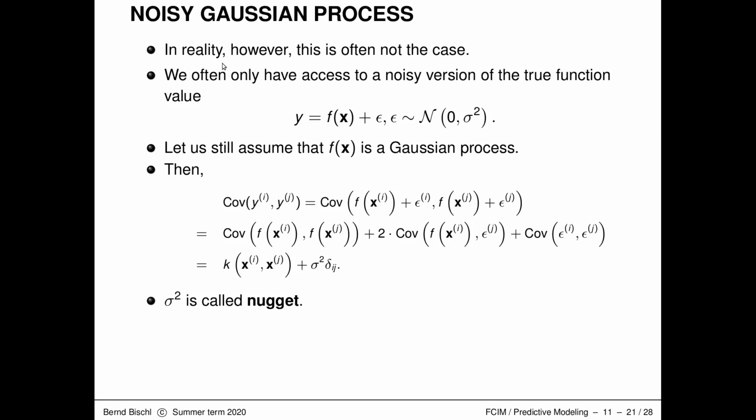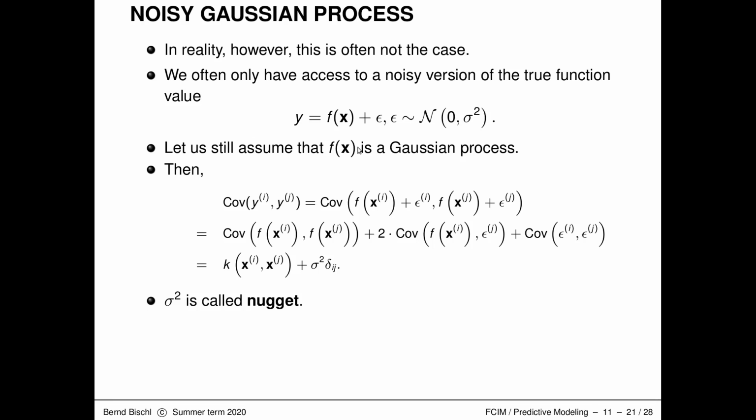Now, assume we have access to noisy versions of our true function values. That means that our observed outcome y can be modeled as f of x, the true, un-noisy function value so to speak, plus an epsilon term, where epsilon is normally distributed with zero mean and an error variance sigma squared, which is usually unknown. And let's assume that f of x is still a Gaussian process.